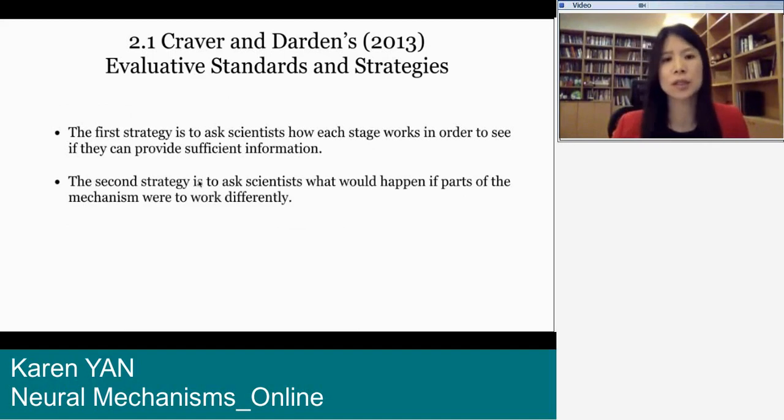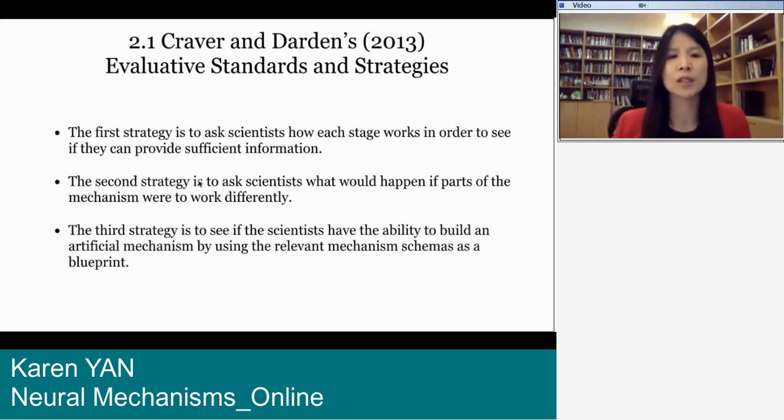The second strategy is to ask scientists what would happen if parts of the mechanism were to work differently, so it involves some counterfactual reasoning. The third strategy is to see if the scientists have the ability to build an artificial mechanism by using the relevant mechanism schema, or the relevant causal representation, as a blueprint.